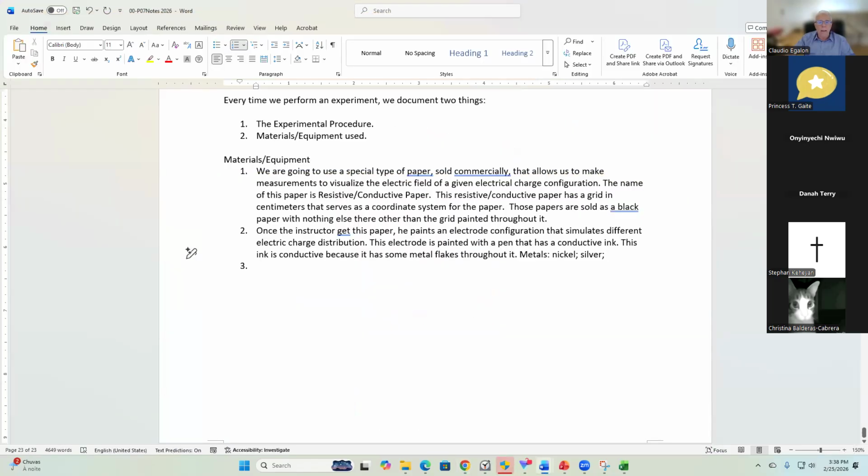Okay, materials. We're going to use a special conductive pen made of a conductive ink.